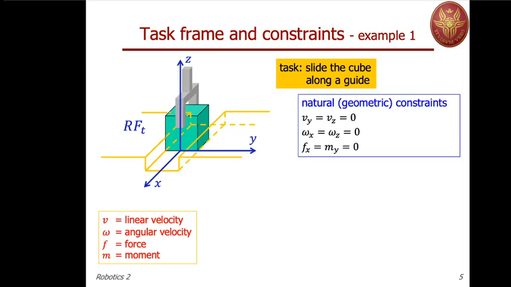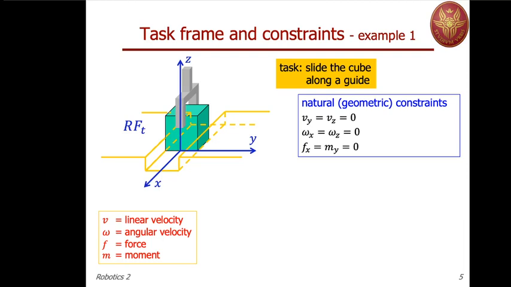As you can see from the picture, we cannot move in the y direction with a linear motion, so Vy is imposed to be equal to 0. Similarly, Vz is equal to 0 because we cannot go against the bottom of the guide, but this becomes also a bilateral constraint because we imagine not to move up the cube, so not to detach one of these sides from the bottom of the guide.